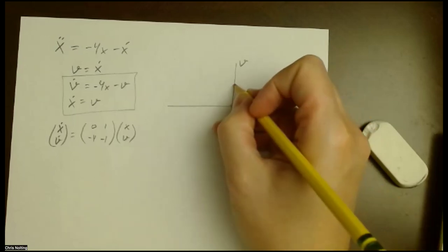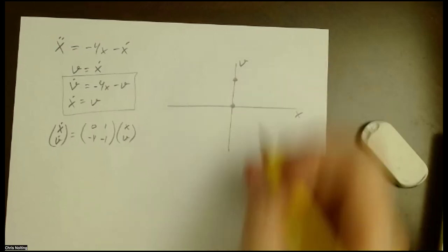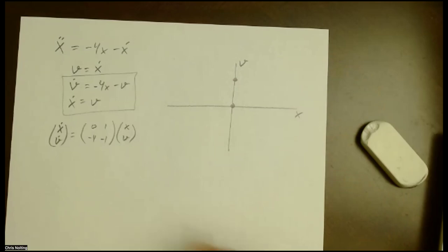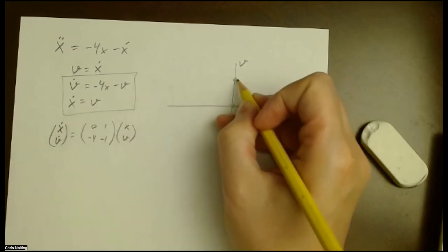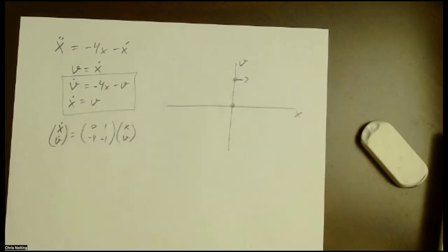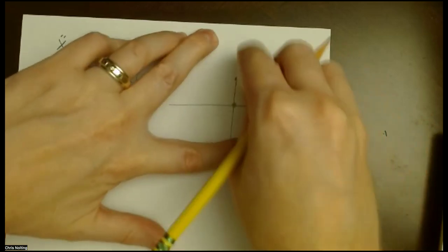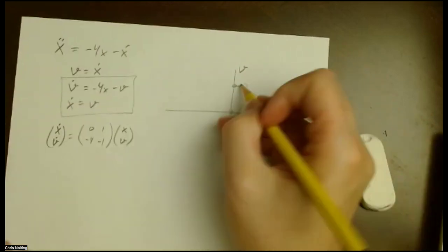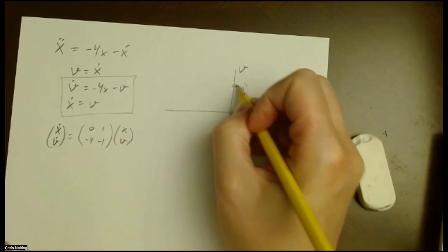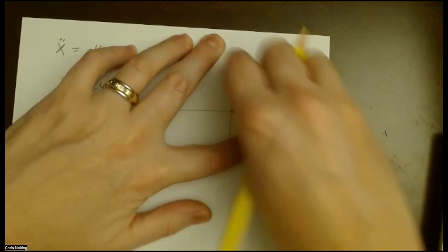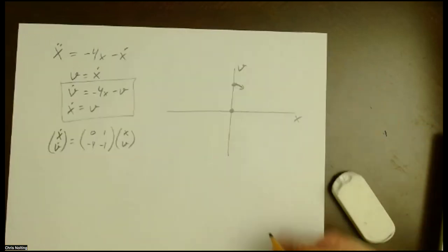And we could plot out things like, okay, what happens when you have a positive v but 0 x? Then you'd have an increase in your x coordinate, and v dot would be, well, sorry, no, v dot would be negative in this specific example. So something like this, points somewhat down and then to the right.